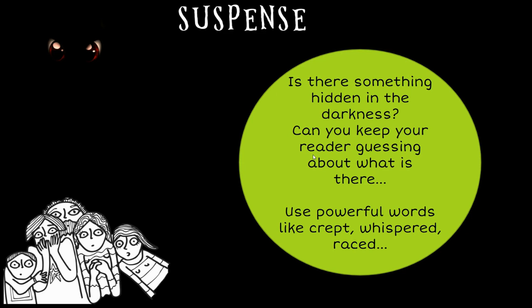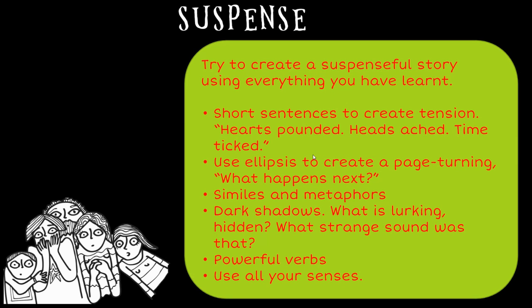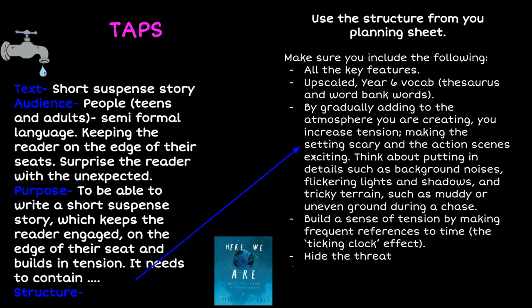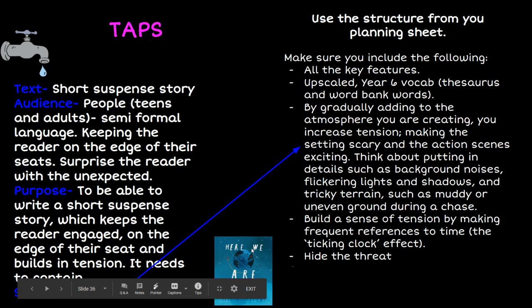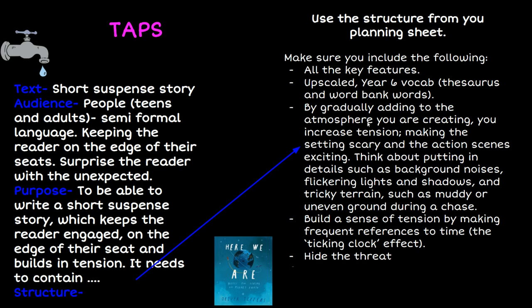Now, I'm not going to take you through each of these. These are just some examples. It also reminds you how to create a suspenseful story. Here are your taps. But it takes you through each of these and what each of them mean here. And then it gives you a clear structure.